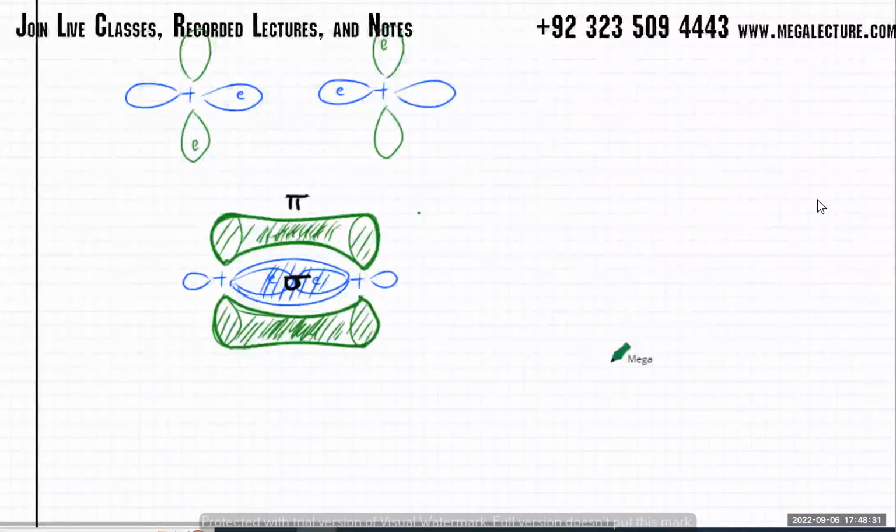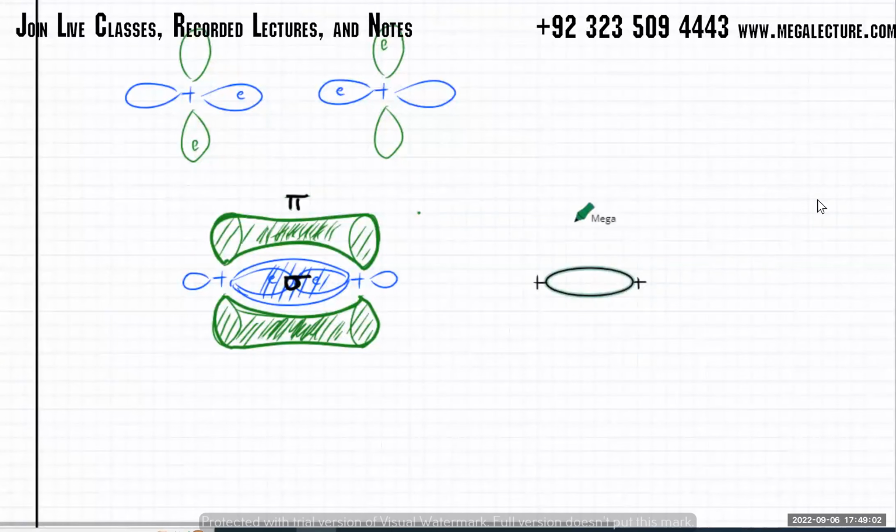Some people just what they do is, कि उसकी जो simplistic version है इन दोनों की, the very simplistic version is that what you do is you take 2 nucleuses, and that's the most simplistic version. You want to show a sigma bond, all you do is you just show a spherical orbital in the middle.